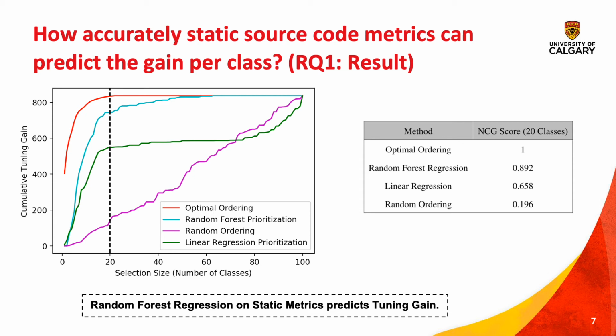We can also see the results for other orderings as well. Here is random forest regression, and here is linear regression. We can see that when we select 20 classes, the performance of random forest regression is 90% of the optimal order, but the other regressions are not as good.